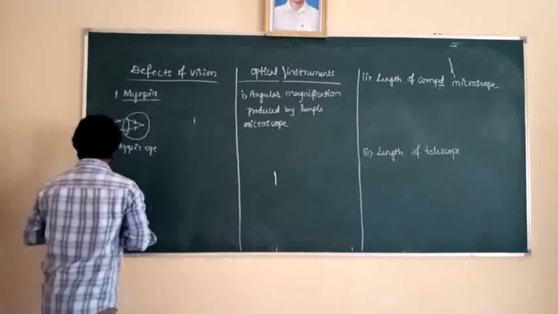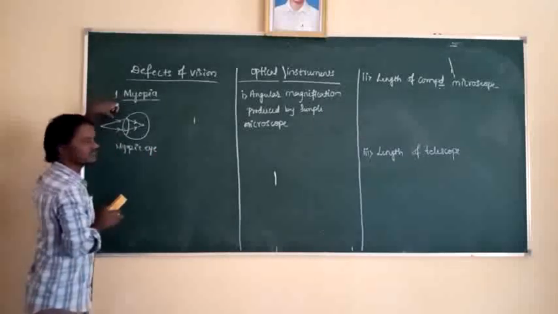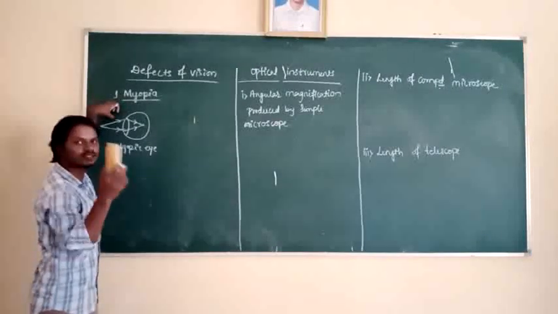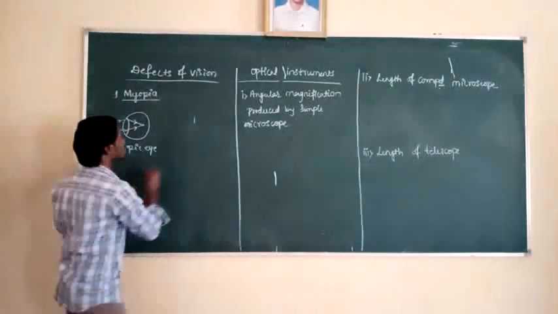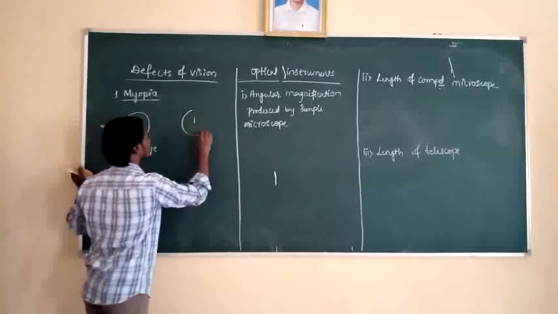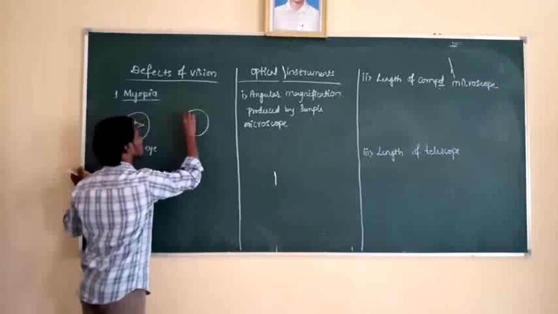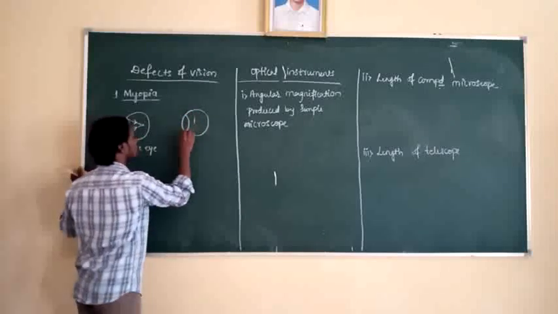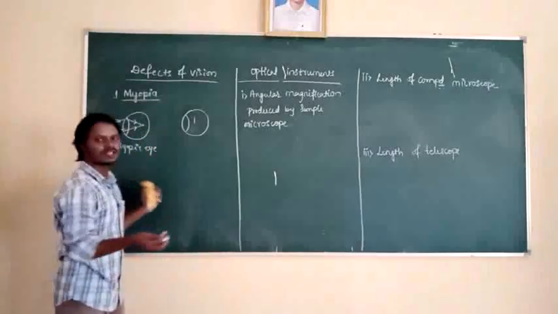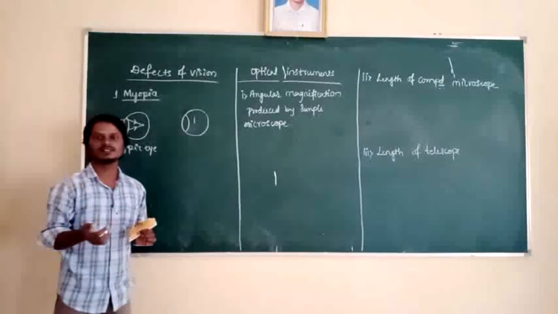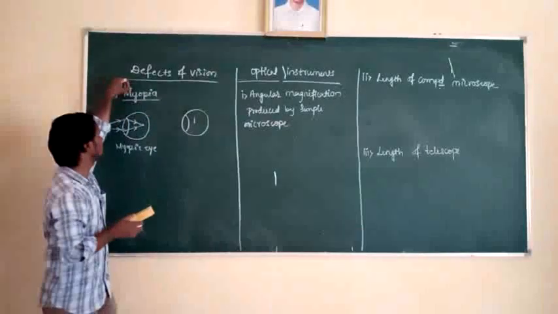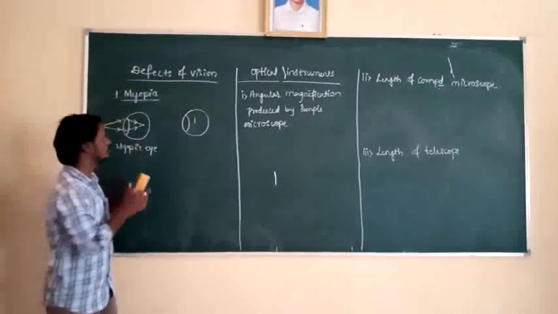This eye can see the nearby objects clearly but not distant objects, that is, far objects. For this defect, the focal length of the eye lens decreases because of the increase in size of the eye lens. That is in the defect myopia.